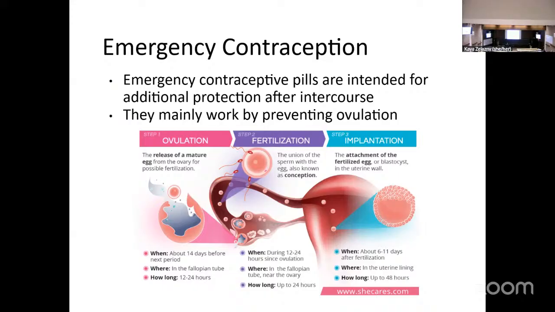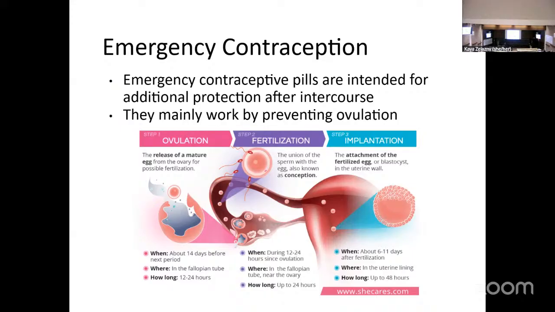If you are before ovulation, you can use hormonal birth control to prevent ovulation. If you are after that 24 hours past ovulation, there's not going to be an egg there to be fertilized in the first place. So that's the logic behind why a patient might use Plan B or this emergency contraceptive here. Okay.